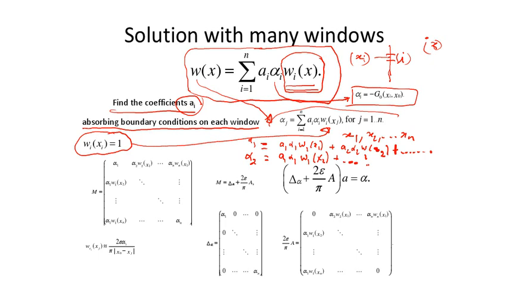And so you can see here emerging this matrix. Because W1 of x1 is 1, you are left here with alpha 1. So you can write this matrix M. And on the right side, you have all this alpha 1, alpha n that will appear, and what you're looking for is the coefficient A.